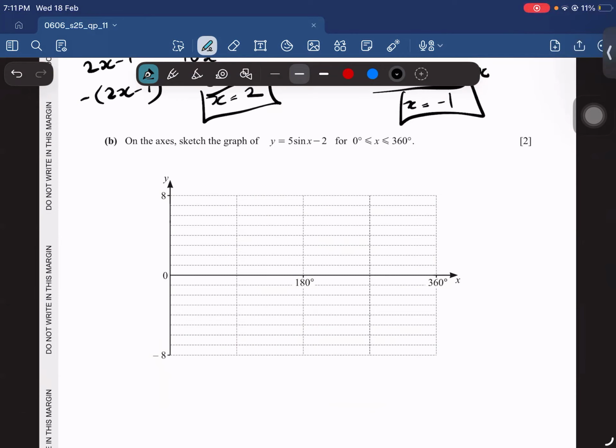So I'm going to draw the basic sine graph first.